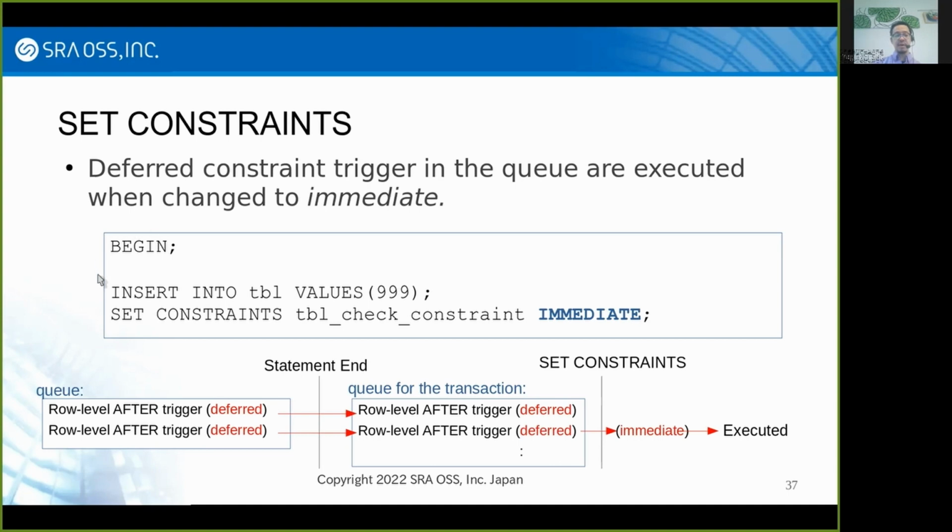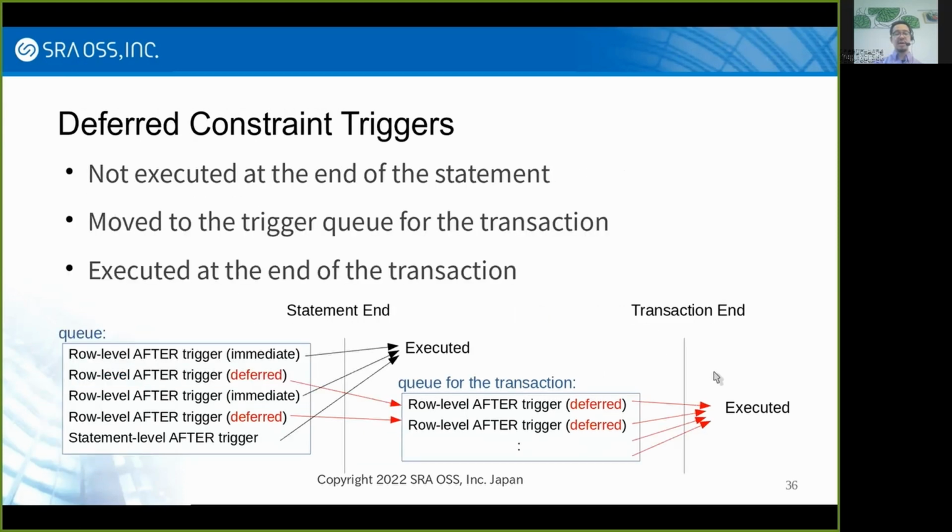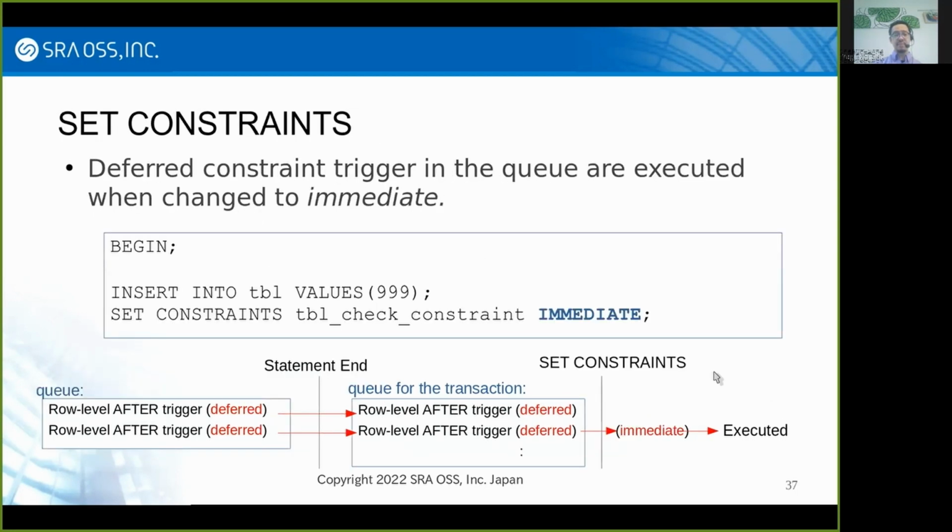But before the end of the transaction, this constraint is changed to immediate by the SET CONSTRAINTS command. So this trigger is changed to immediate and executed immediately at the end of the SET CONSTRAINTS command. Well, this is the internal behavior of deferred constraint triggers.